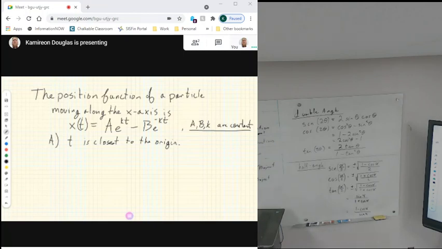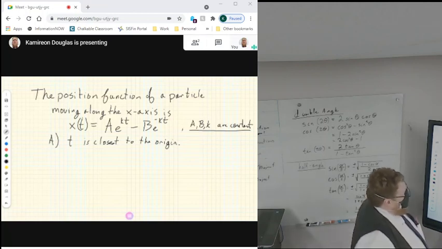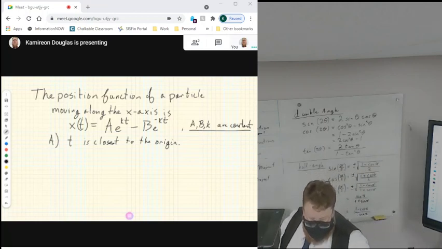So you have all the pieces. We just have to figure out how the physics leads to the math. The position function of a particle moving on the x-axis is as follows. When is t such that this equation is closest to the origin? What is this question asking me to do?